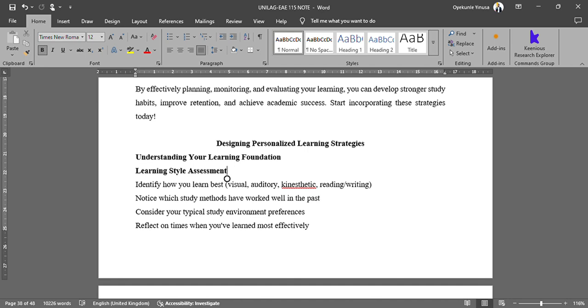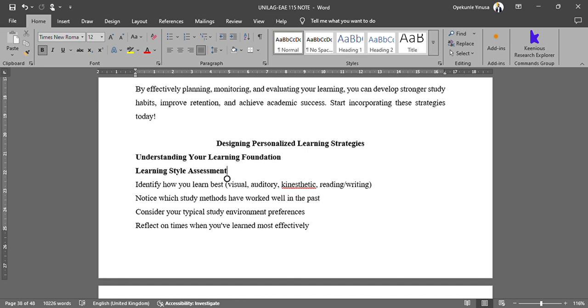Identify how you can learn best. Some people are visual learners, some people are auditory learners, some people are kinesthetic learners, those that are involved in active work, hands-on training, and hands-on experience, and reading or writing. So notice which study methods worked well for you in the past. See the ones that will still align with you and work well for you.